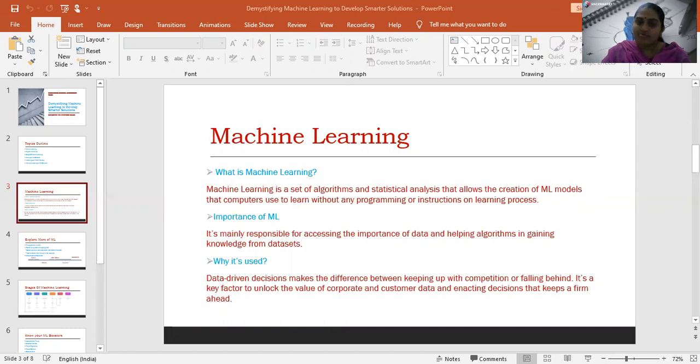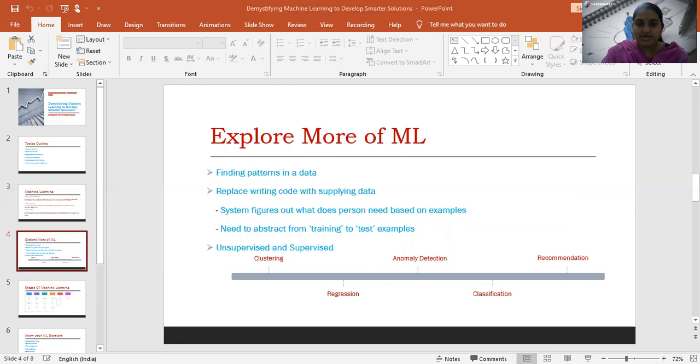Now let's explore more of machine learning. It's more or less finding patterns in the data, a form of replacing code with supplying data. Here, the system tries to figure out what this person needs based on examples. There is a need to abstract from training to test examples.